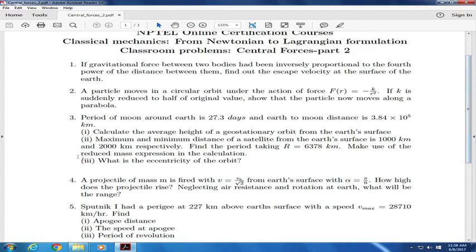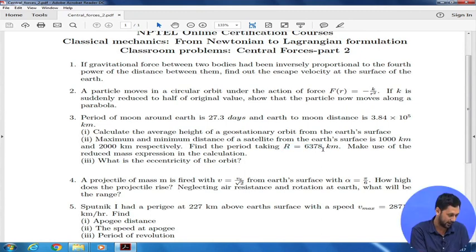Now, move to problem 2. For a satellite, the maximum and minimum distance from Earth's surface is given. I have taken r equal to 6378, which is a more accurate number, but so far we have taken 6400, which is also okay, not a very bad approximation.